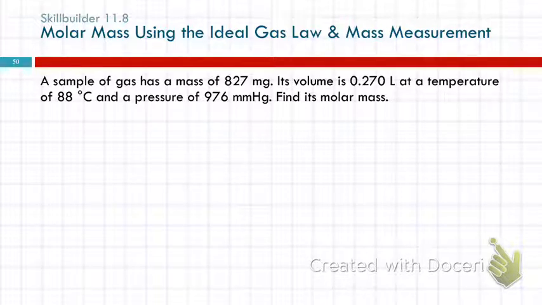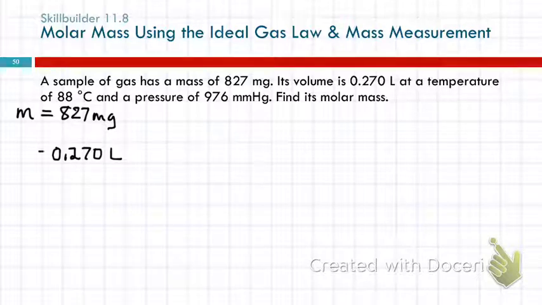Label the numbers. So 827 milligrams is what? Not volume. It's a mass, right? So mass is M. The next number is 0.270 liters.